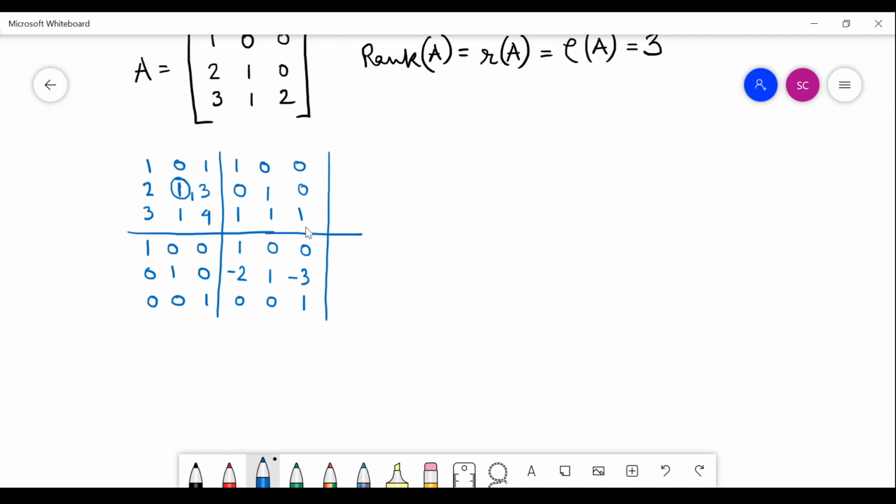Next pivot element we choose is this one. This we cannot choose, this we cannot choose, so let us choose this one.